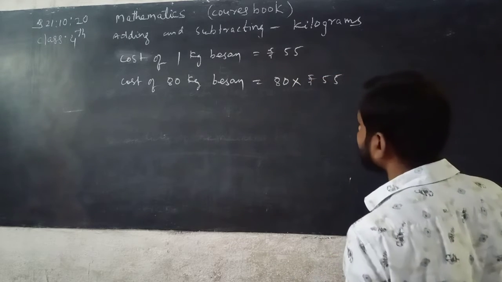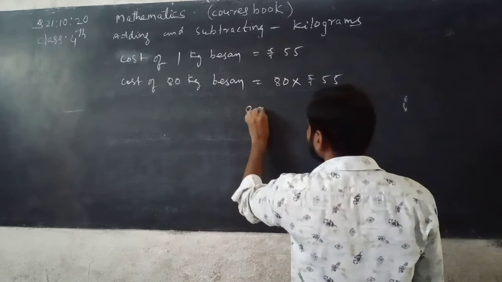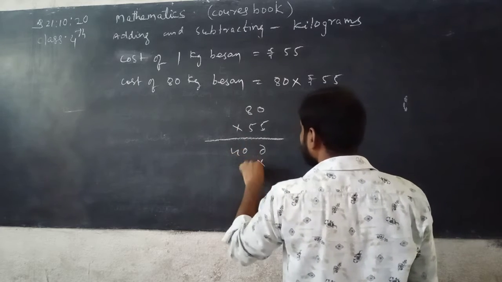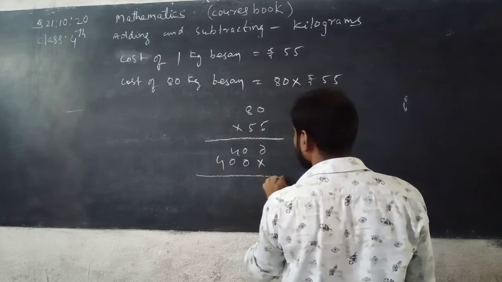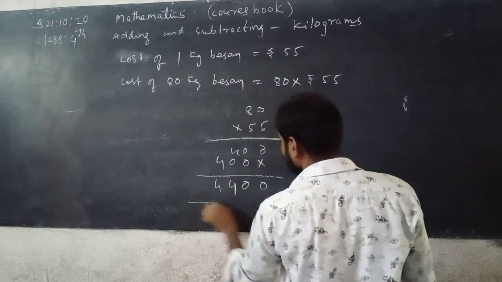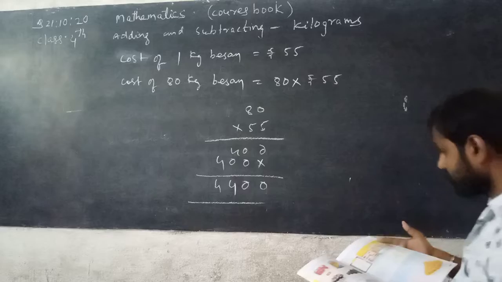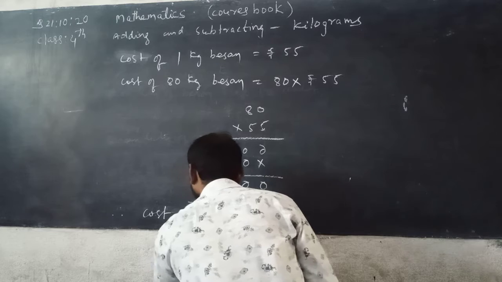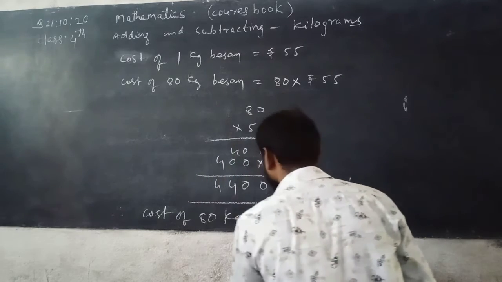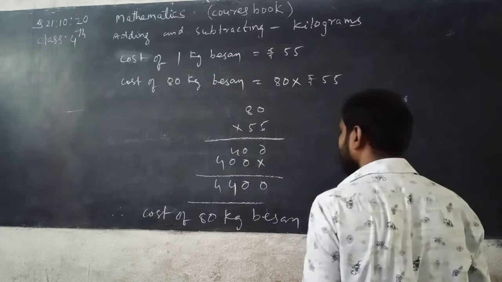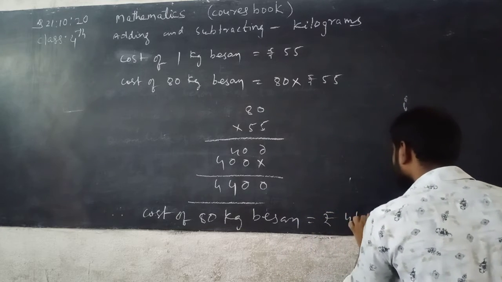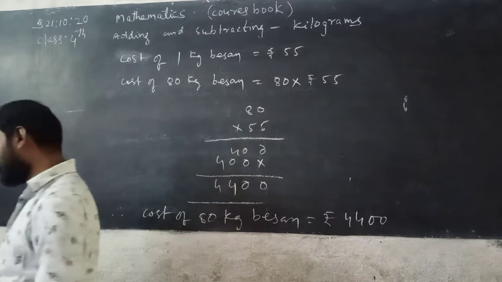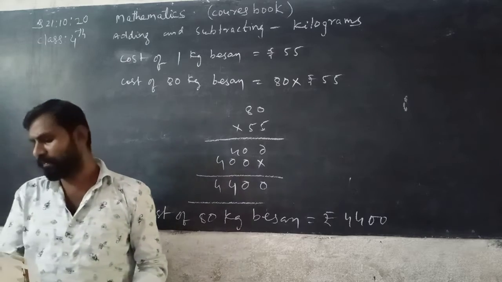See here, listen carefully. So 80 into 55. 5 8s are 40, cut it. 0, 0, 4, 4. Therefore, cost of 80 kg besan is equal to 4,400 rupees.